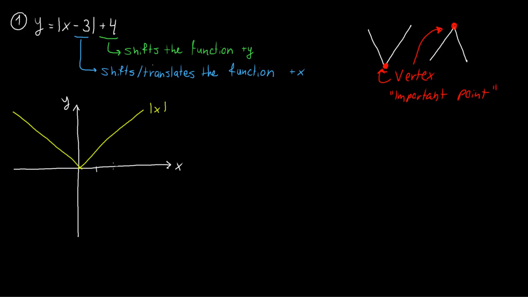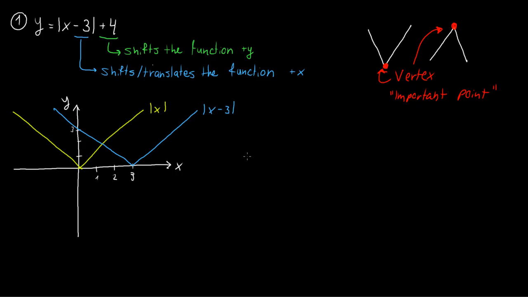So let's go just 1, 2, 3. So 1, 2, 3. And I'm drawing it step by step, okay? So also here, 1, 2, 3. And the function should look something like this. Okay, here's the function after we translate it by the minus 3.